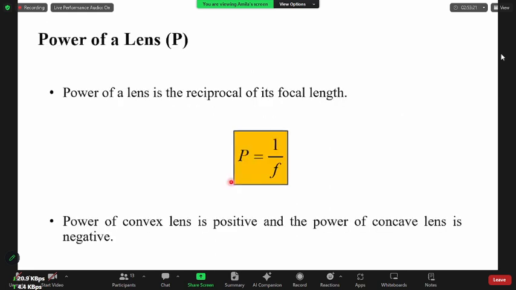And we are also defining the power of a lens. The power of a lens is just 1 over the focal length. If you have a convex lens, we take it as positive, and if it is a concave lens, we take it as negative.